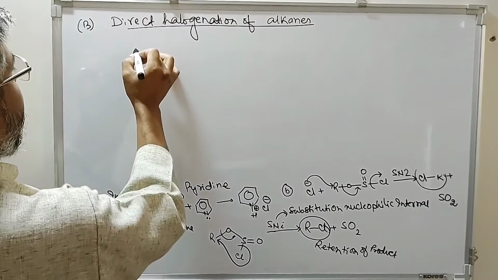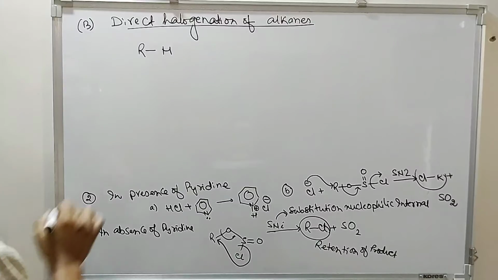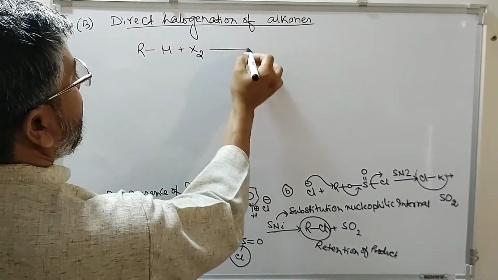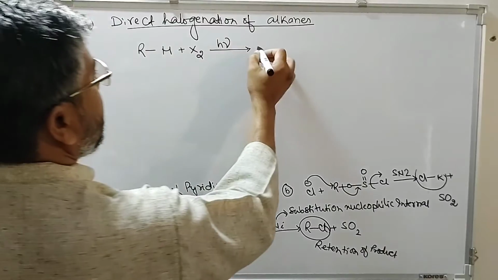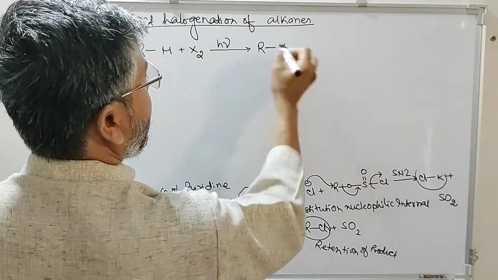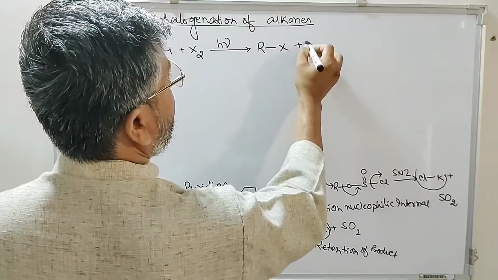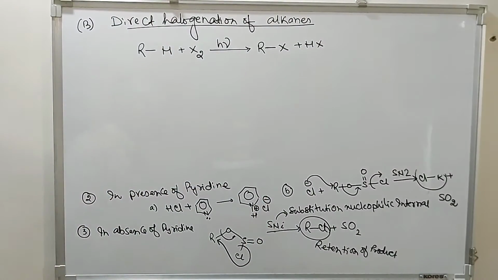So we have this alkane. These alkanes react with halogen in presence of sunlight, when this gives you a mixture of haloalkanes. So the reaction is carried out in presence of sunlight.